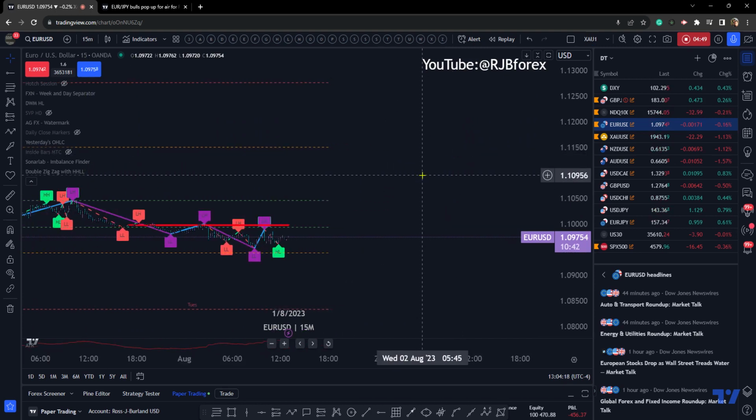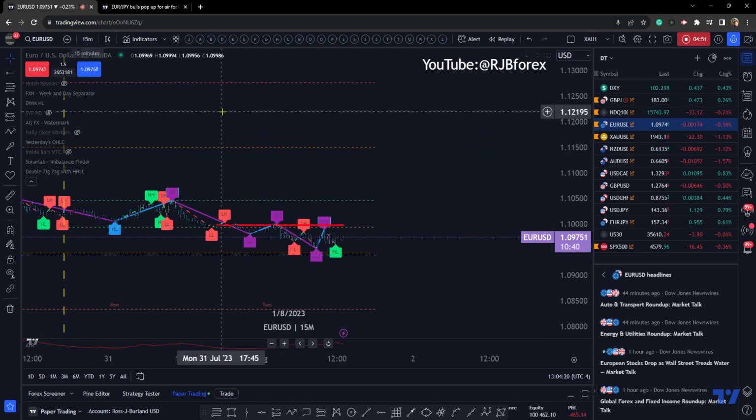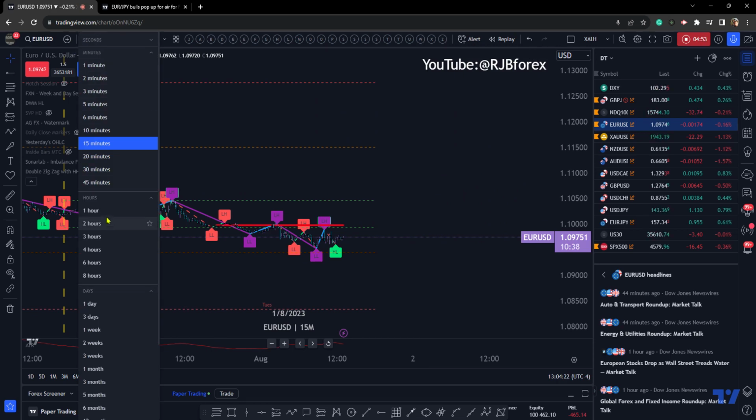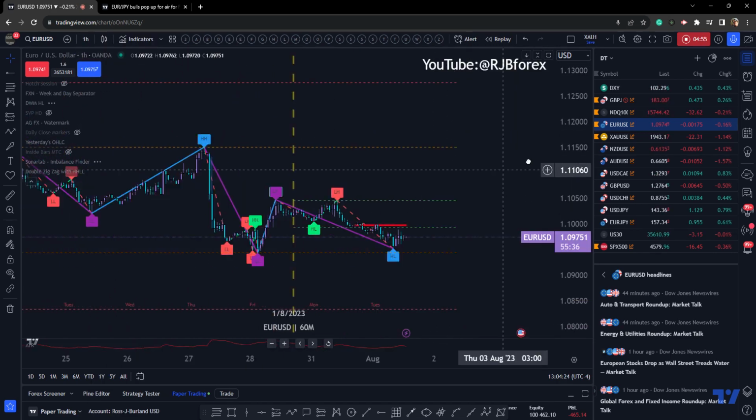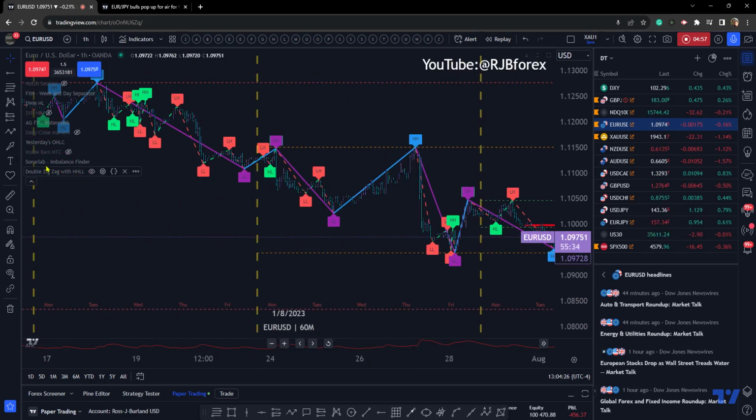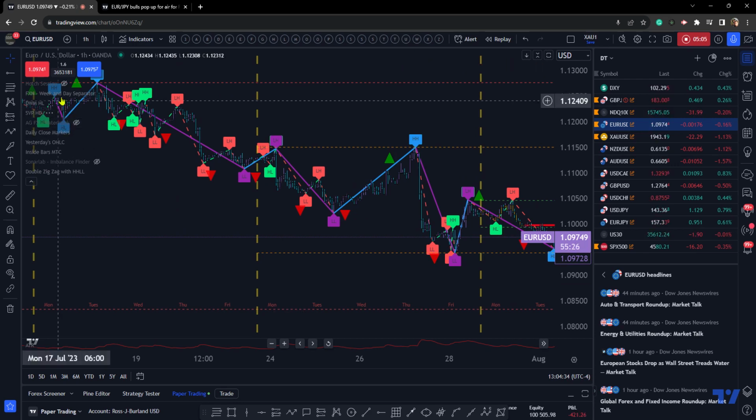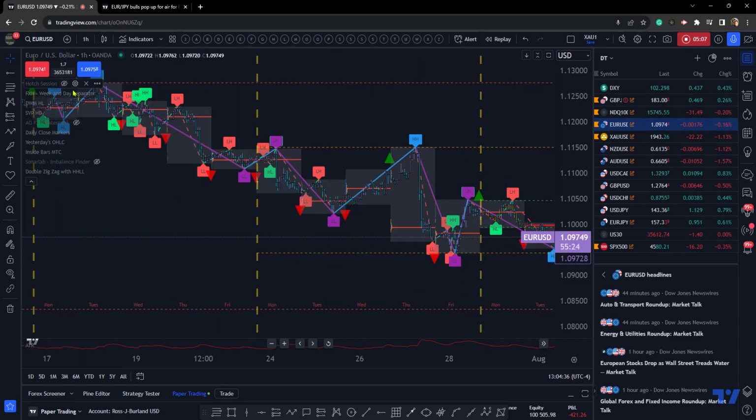Now, let's break this down then. So if we come down to an hourly chart to make it easier to read, we'll go through these one by one. So I'm turning these off.